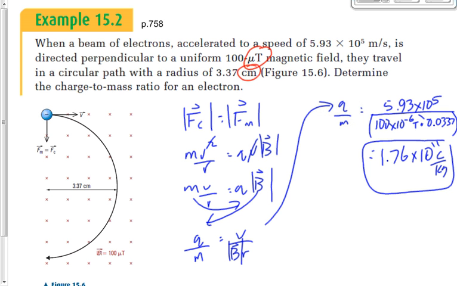Listen, if you got the value of Q and M already, just divide those two numbers. But if you don't, then you can always find the charge to mass ratio by V over BR. And in this question, they want us to assume that we don't have Q and M already. Okay, is that okay?